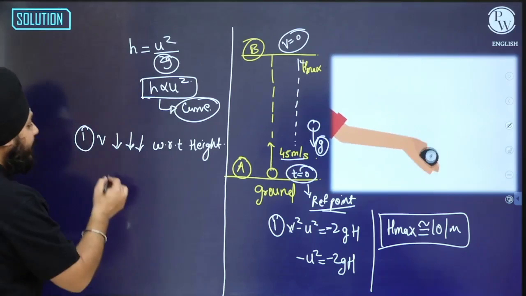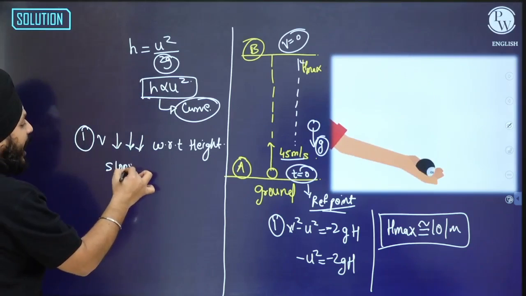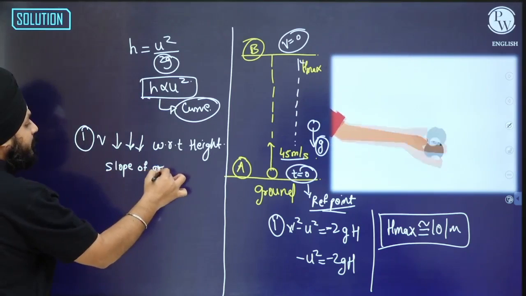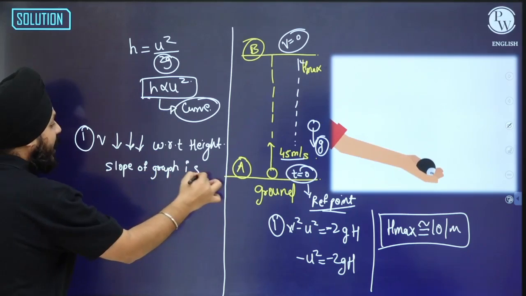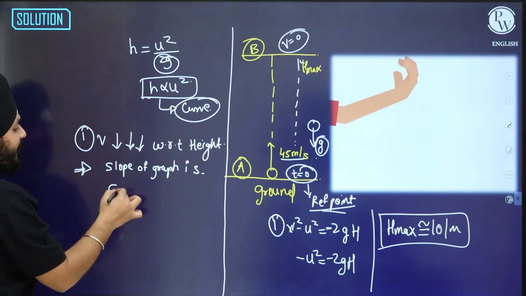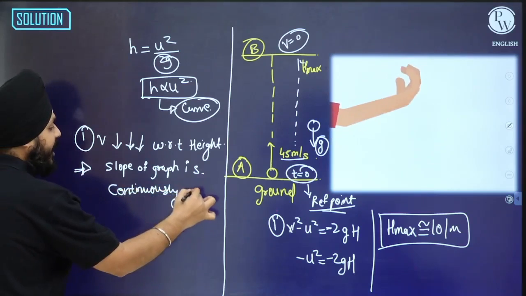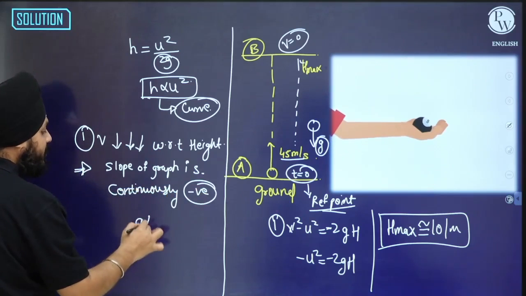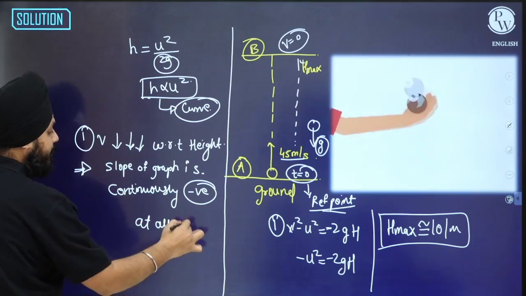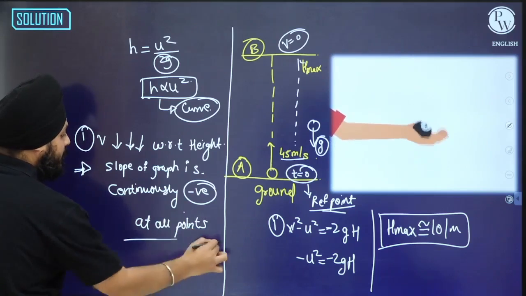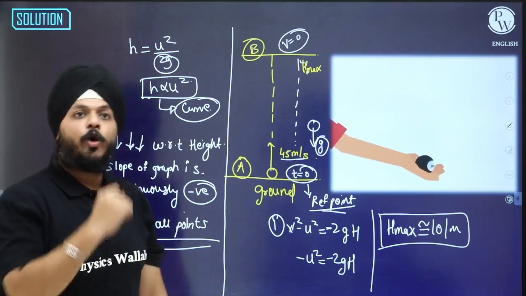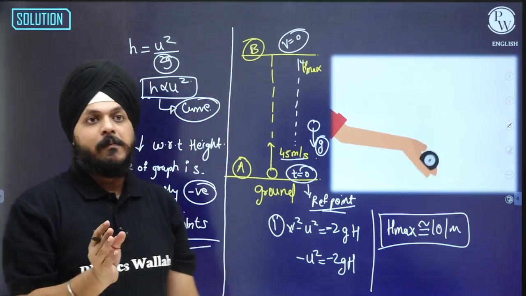So it means that the slope of the graph is continuously negative at all points.